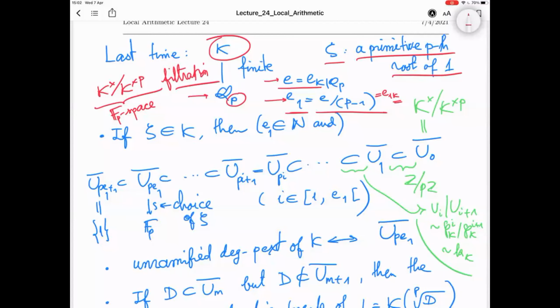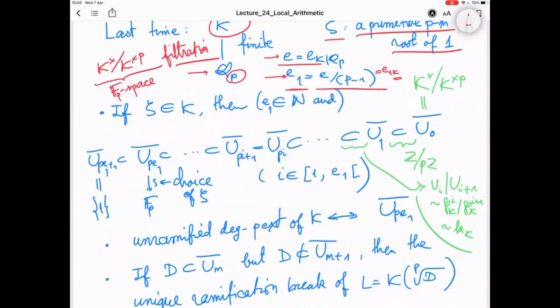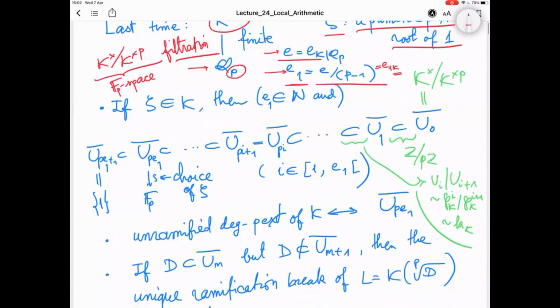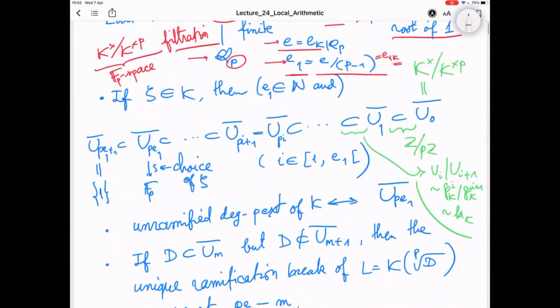What is the structure of this quotient, K star modulo K star to the power p, along with its filtration? The filtration is given by U1, U2, etc. on K star, and it has this image filtration in this quotient.